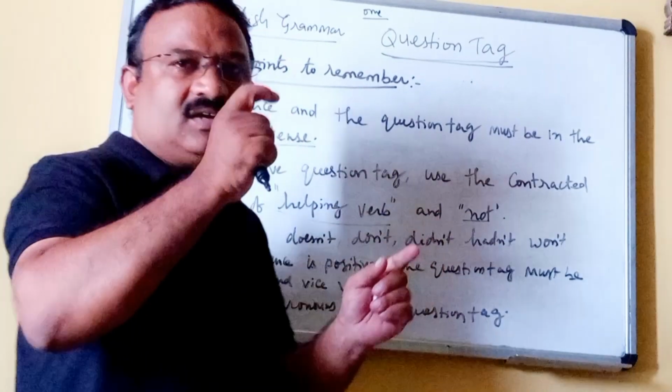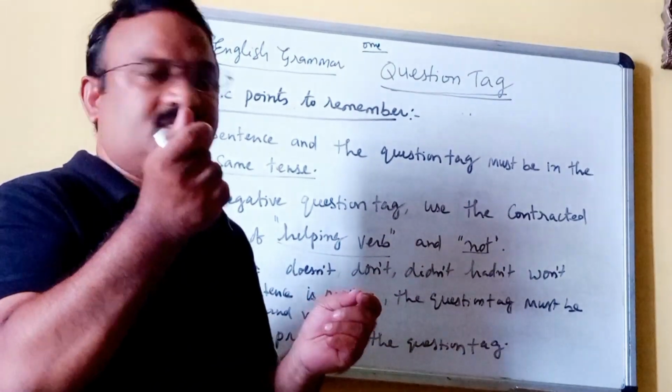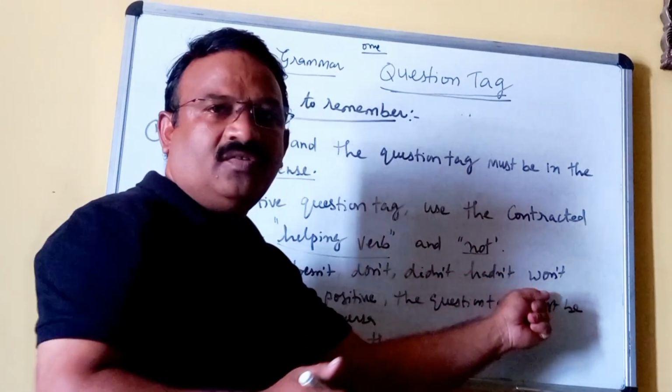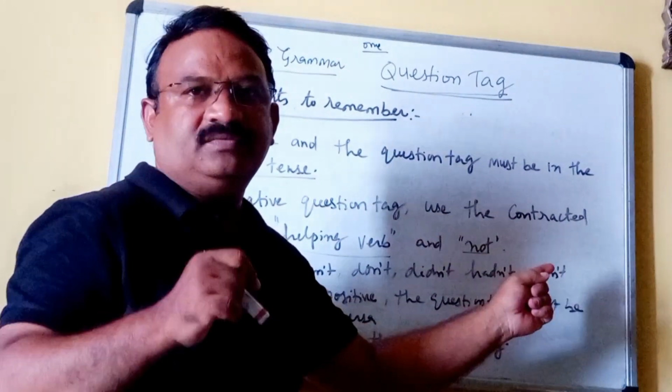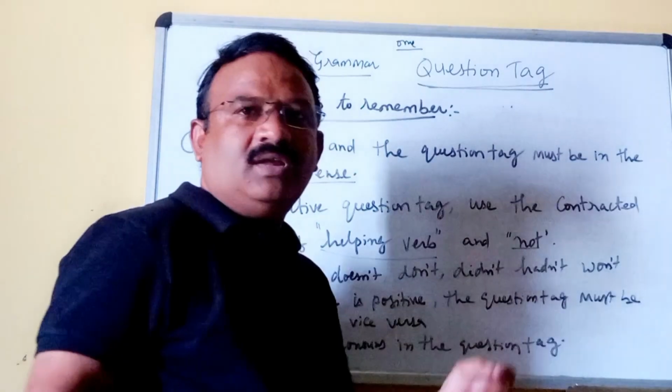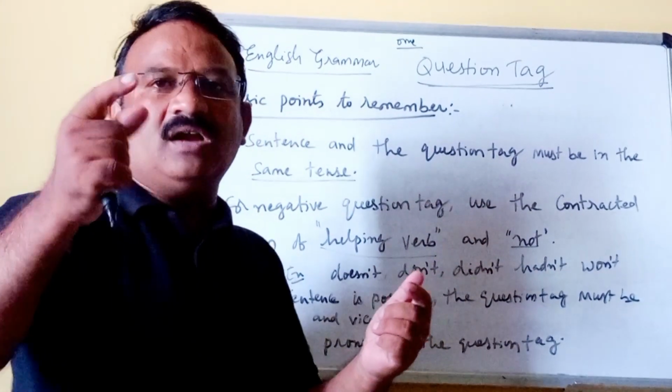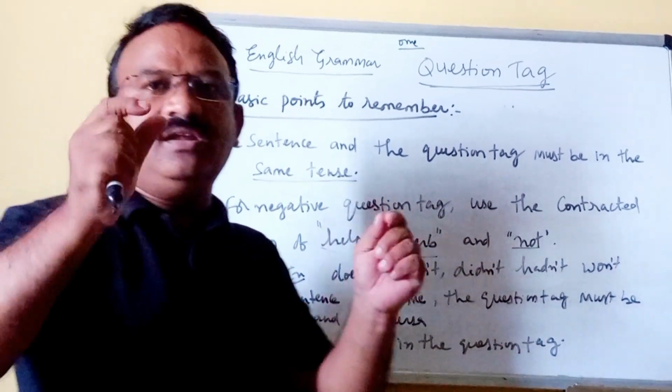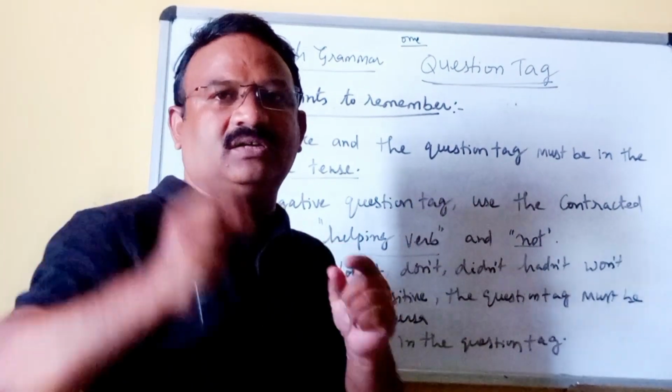That is contracted. Contracted means what? Short forms. Okay, had not, hadn't; will plus not, won't. Here the contracted form is won't. Can plus not, can't; here the short form is can't.